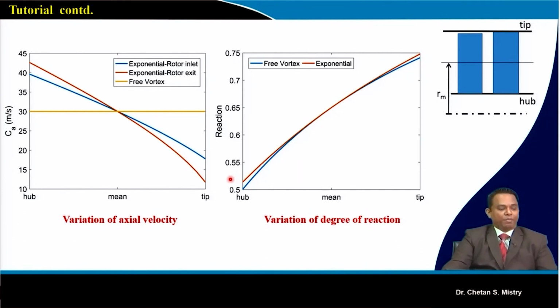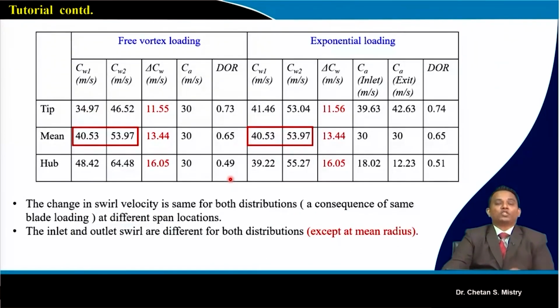Now let's see what is happening in terms of my world distribution. Here, this represents the comparison of free vortex and exponential loading at tip, mean and hub station. If you compare my delta CW for both the methods, they come out the same.